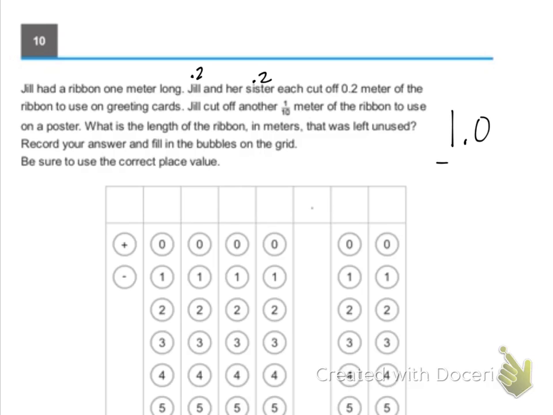So let's subtract 4/10 and get 6/10, right? 10 minus 4 is 6. Then Jill cuts another 1/10. As a decimal, that's easy because it's just 1/10. So we're going to cut off another 1/10. And what's left? 5/10.